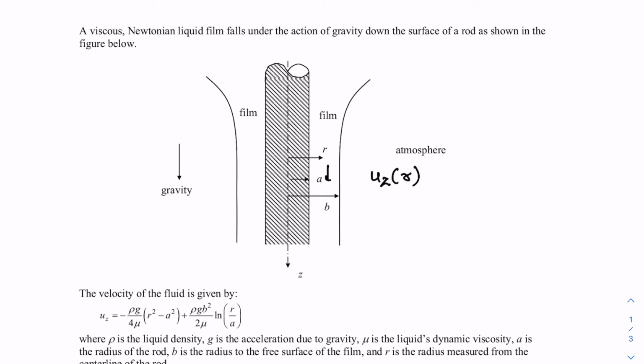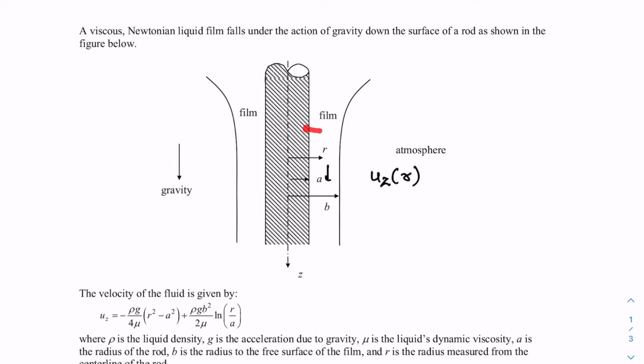Because of that, there are velocity gradients. Because this cylinder is stationary, due to the no slip boundary condition the velocity here is zero, but the liquid is flowing down. As you go away from the surface of the cylinder, the velocity of the fluid is non-zero.